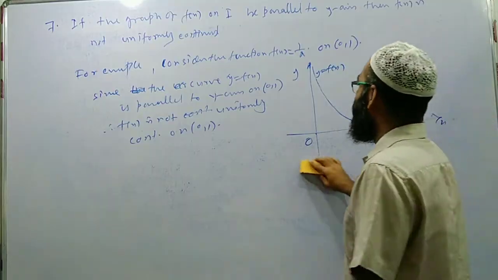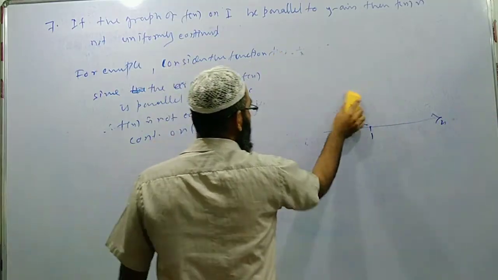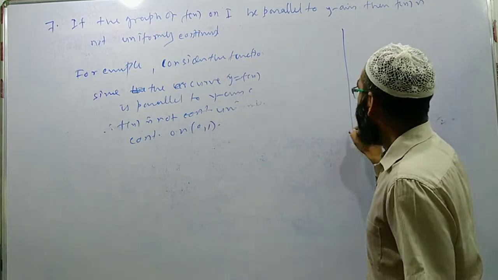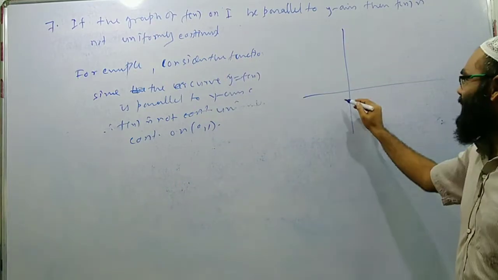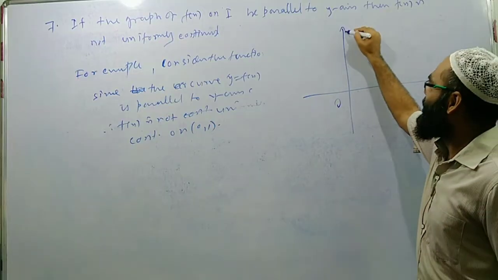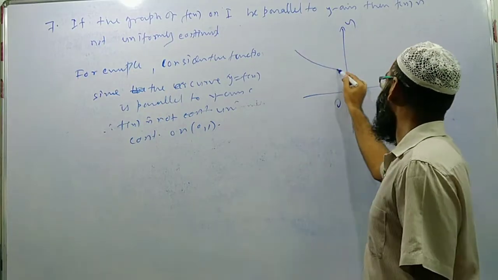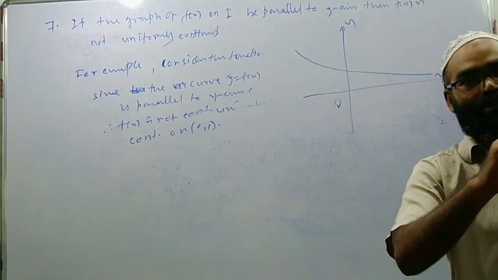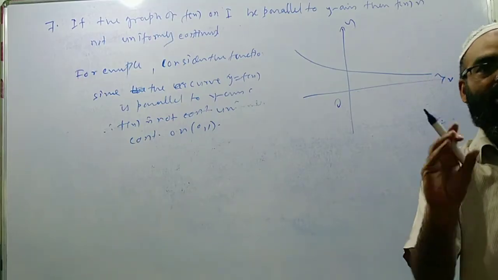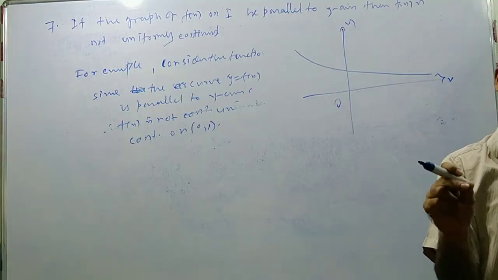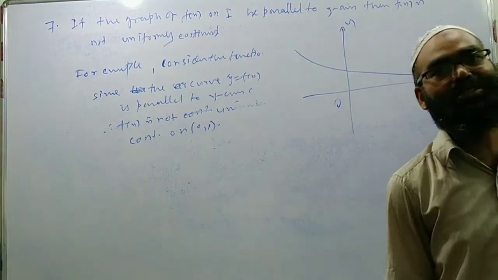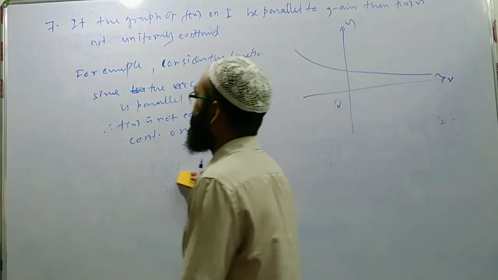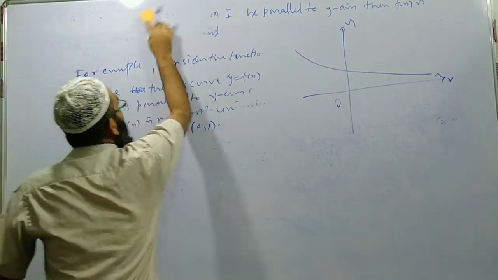But if the function f(x) is such that its graph on the given interval is parallel to the axis of x, then f(x) becomes uniformly continuous on the interval. Next, graphical test, technique number 8.